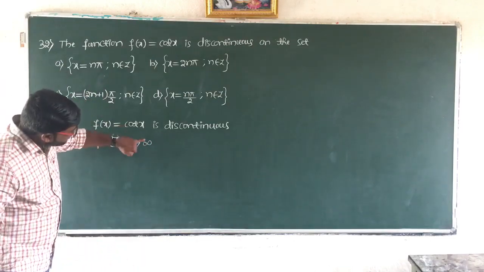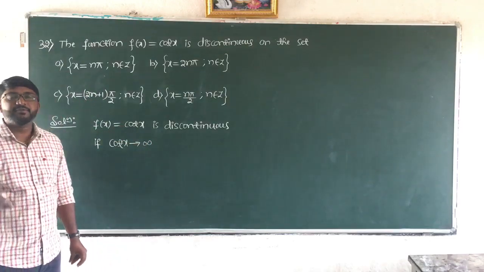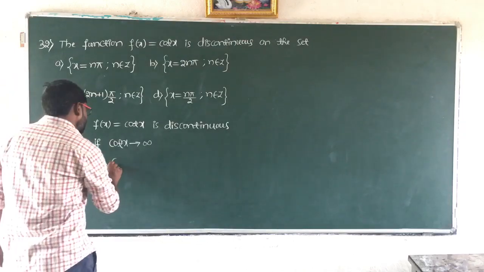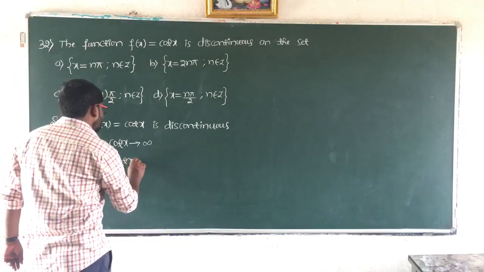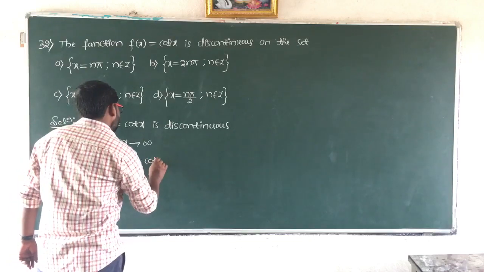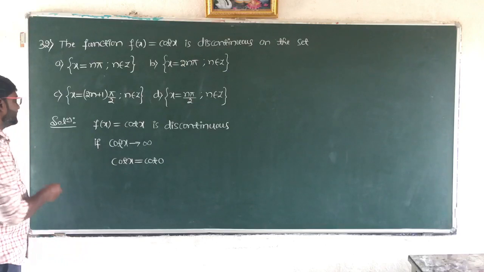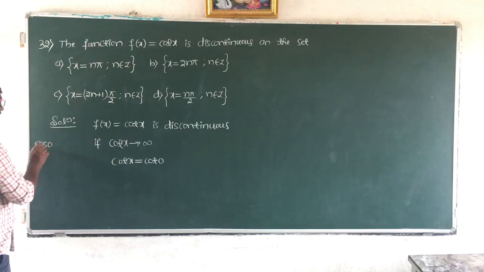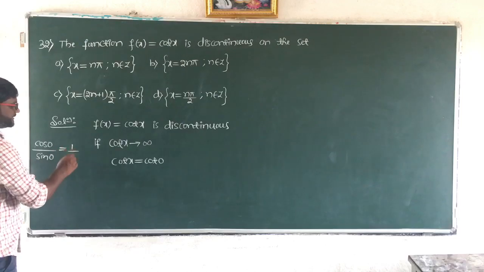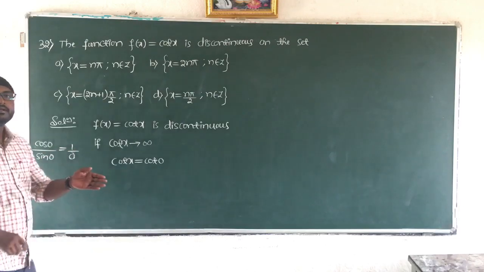So for which angle does cot x become infinity now? It is for 0 degree. So cot x is equal to cot 0. What is cot 0 now? It is cos 0 divided by sin 0. What is cos 0? It is 1. Sin 0, it is 0. 1 by 0 will be infinity.